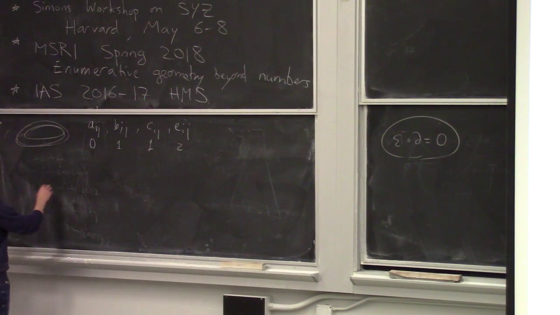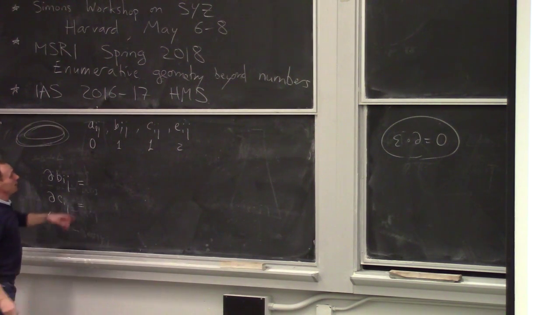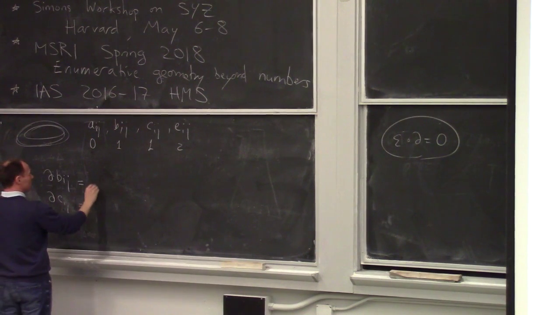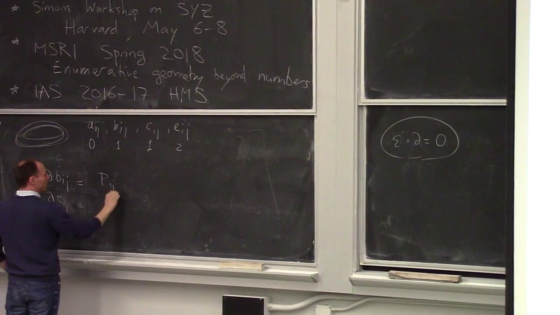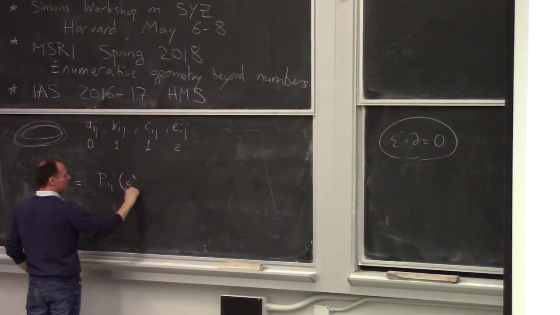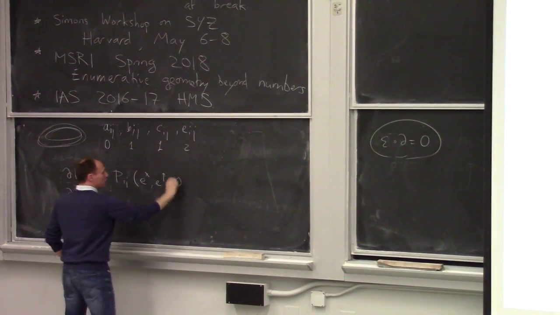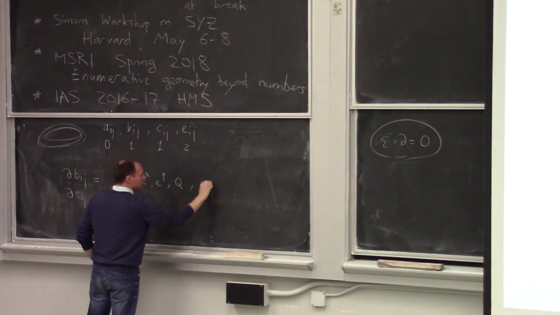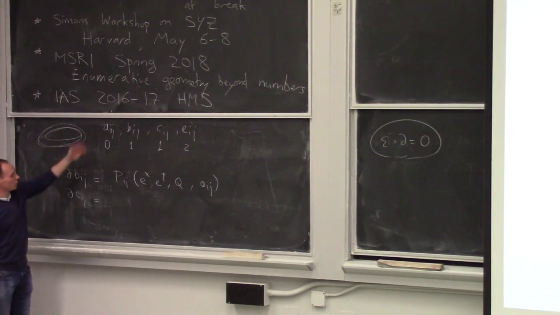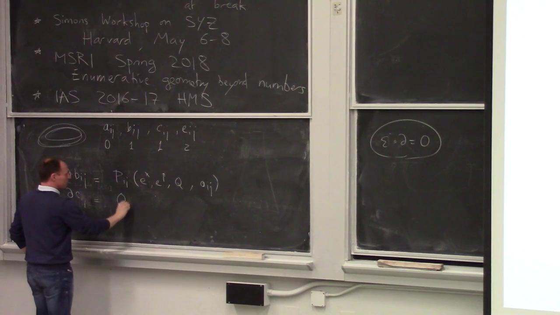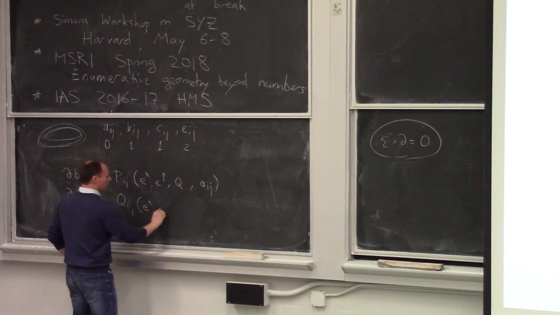Basically the only thing we need to do is look at dBij and dCij. That is equal to some polynomial in Bij, in the coefficients, and then in the Aij's. It's a non-commutative polynomial because we have a non-commutative algebra, and these are also polynomials like that.